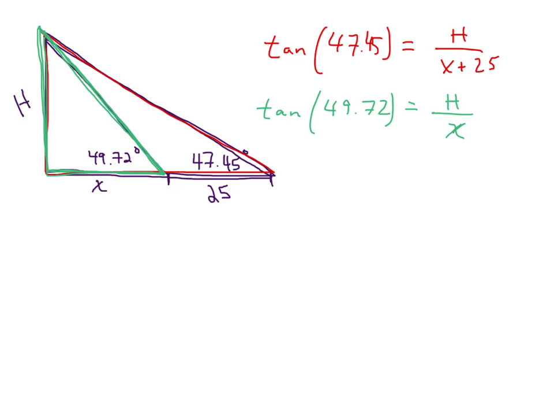So to solve that system, I'm going to choose to solve this equation for x so that I can substitute what I get into the other equation and have just an equation in terms of h. So if I solve the indicated equation for just x, we get x is equal to h over tangent of 49.72.